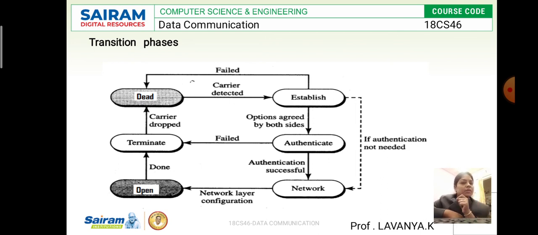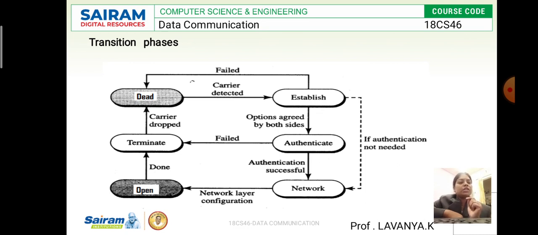In the establishment state, they do a two-way transaction. One is that the request is sent directly to the network state, or the request is sent to the authentication state. Based on these two techniques, it is implemented by the establishment state.